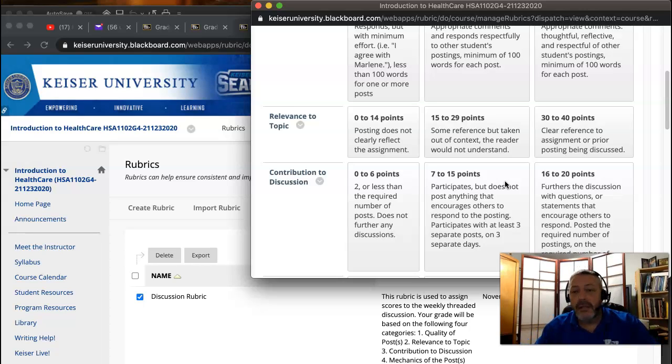If I respond to your post, maybe you're off track a little bit, and I say, you know what, go back to chapter 1 where you'll find a paragraph titled Learning to Think Like a Healthcare Professional, and you'll find several examples. I'm not telling you the page number, but I'm telling you where to go, and I'm telling you the answer basically. So go back there and answer that question based on where I redirected you to get you back on track so you don't lose points.